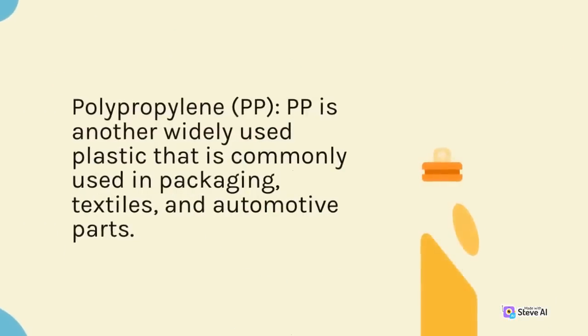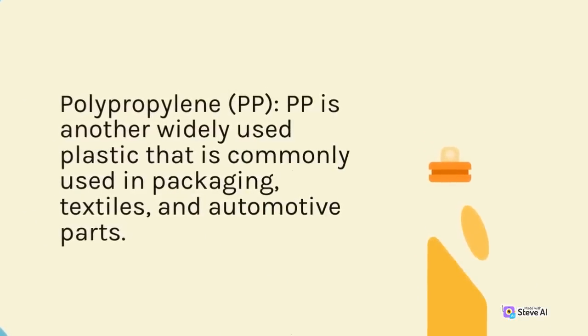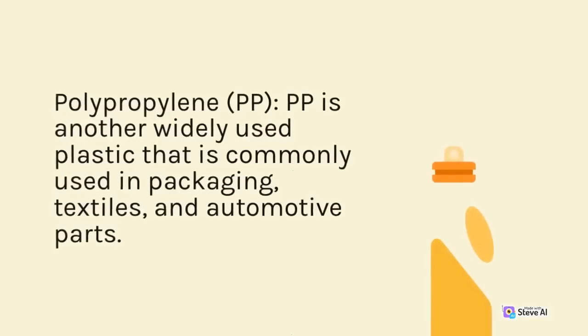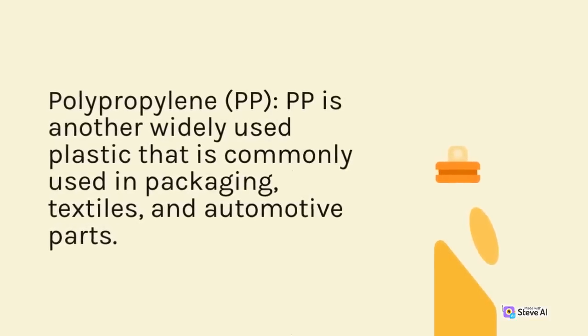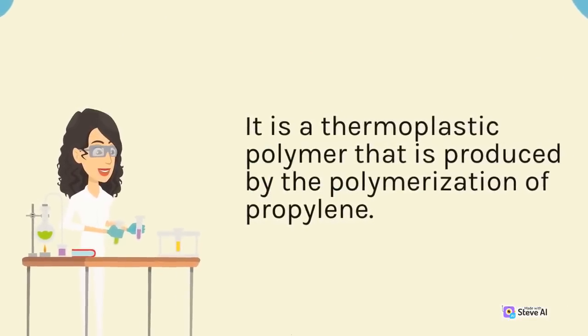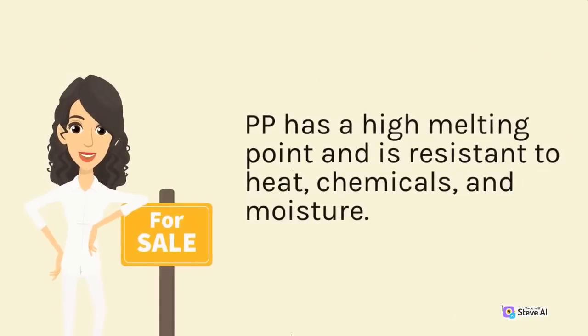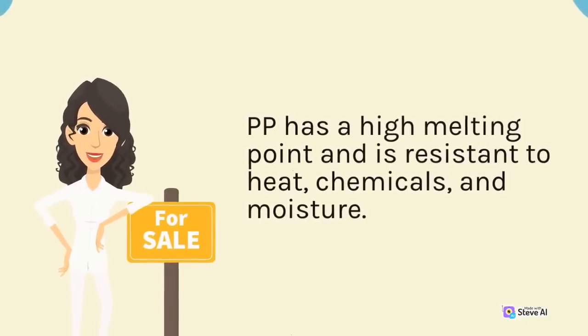Polypropylene, PP. PP is another widely used plastic that is commonly used in packaging, textiles, and automotive parts. It is a thermoplastic polymer that is produced by the polymerization of propylene. PP has a high melting point and is resistant to heat, chemicals, and moisture.